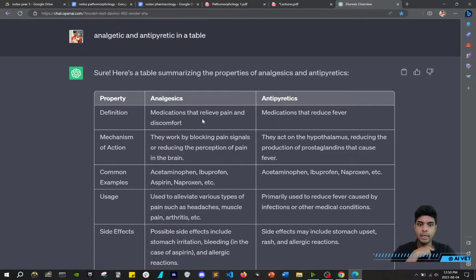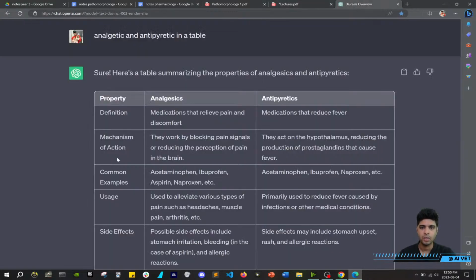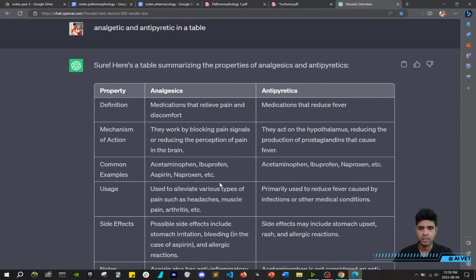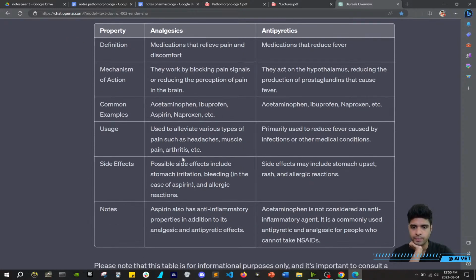Analgesics relieve pain and discomfort. They work by blocking pain signals. Meloxicam blocks COX-2. So anti-inflammatory, analgesic, blocking pain. Common names are aspirin, naproxen, ibuprofen, for headache, muscle ache, pain, all those things.